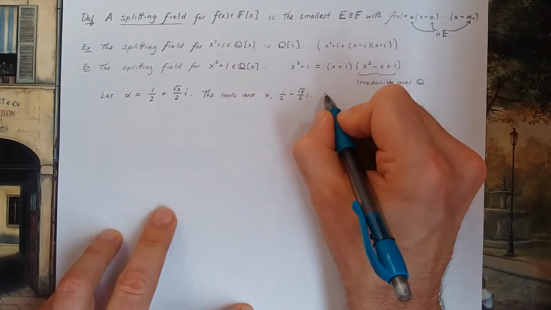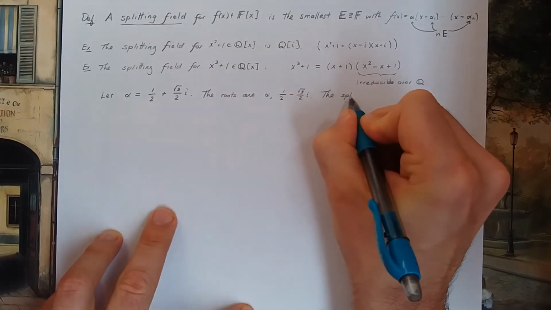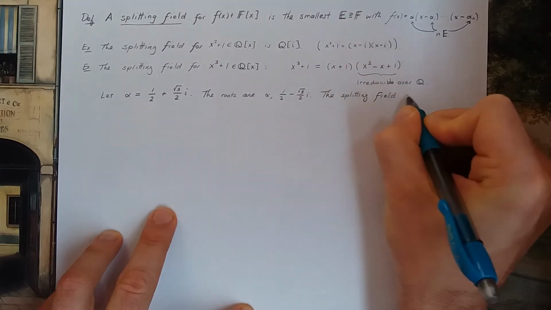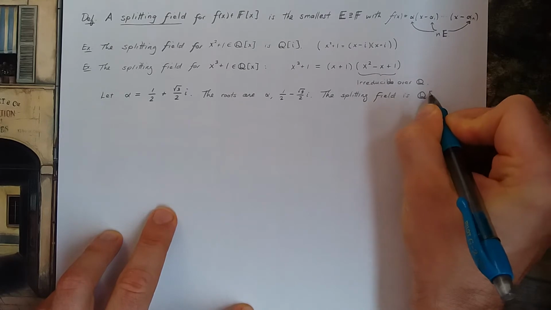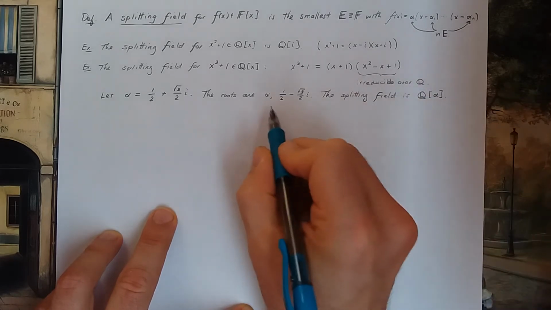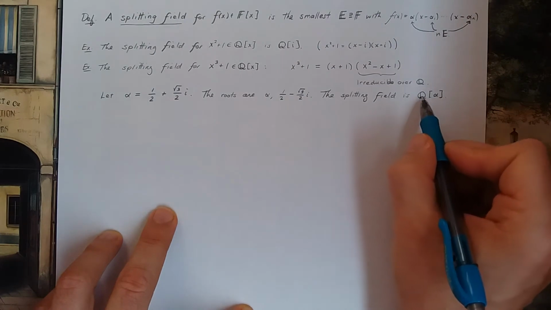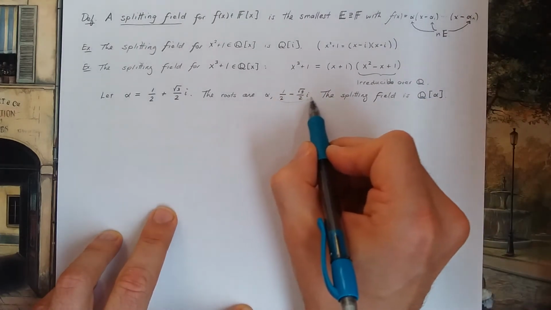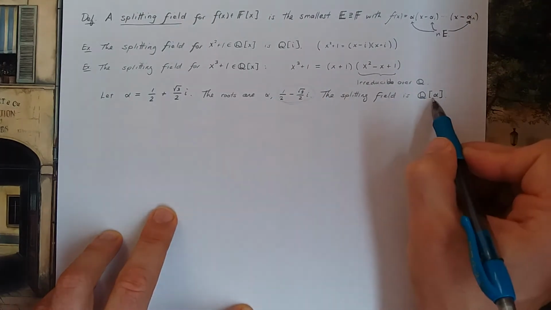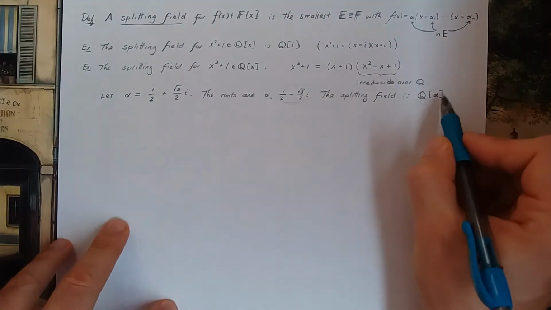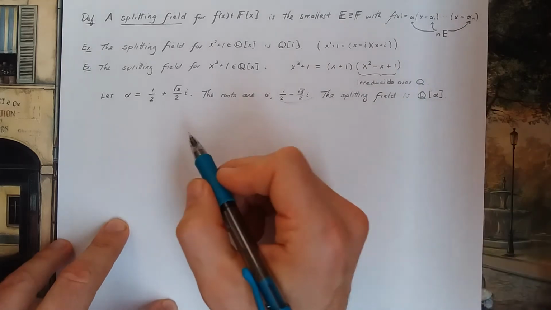So the splitting field is Q adjoin alpha. If you adjoin alpha to the rationals, you can find that this other element is also in the same field. So this is my splitting field.